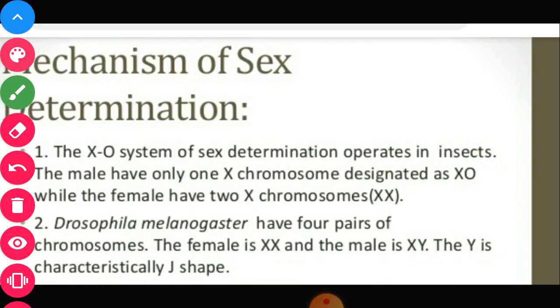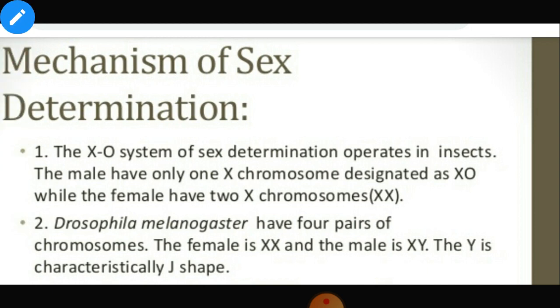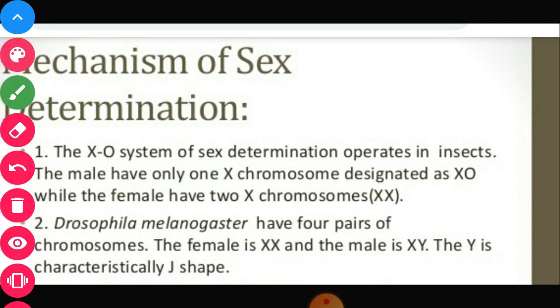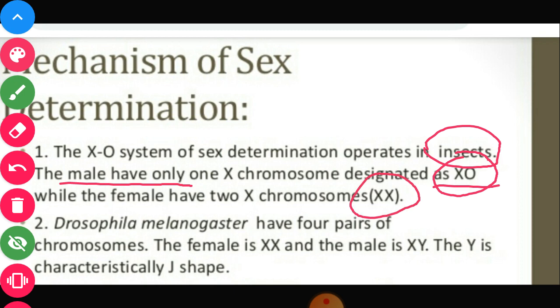Now see the mechanism in other organisms also, like the XO type mechanism. It is found in insects. Male have only one X chromosome, so they have XO type, and the female have XX type.